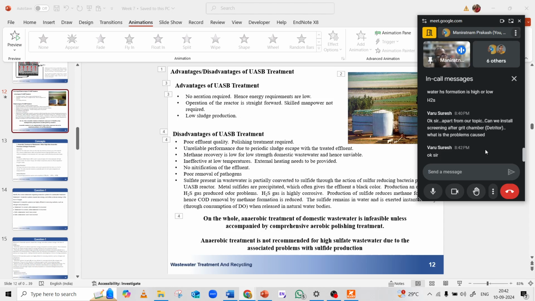This process is just to make things economical. Now the question can be, why are we placing a screen chamber and grit chamber? We can just directly pass our water into the settling tank.